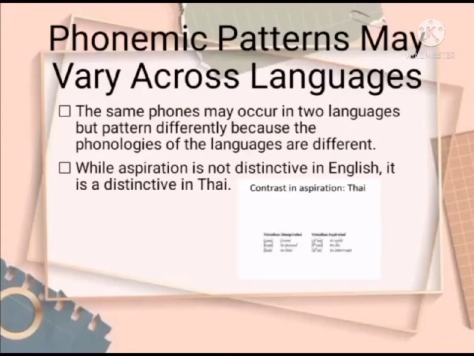Next, we have the phonemic patterns that may vary across languages. The same phones may occur in two languages but pattern differently because the phonologies of the languages are different. While aspiration is not distinctive in English, it is distinctive in Thai. Let me read the example of voiceless unaspirated and voiceless aspirated.